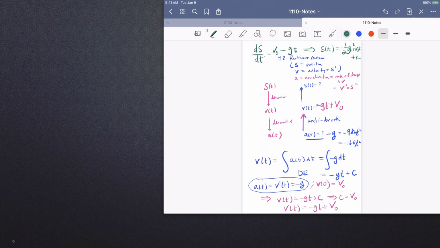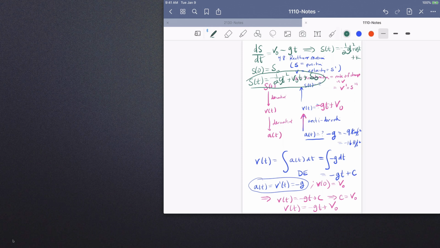And if we know the position at time 0 is given by the initial position, then our position function can be found as minus 1/2 gt squared plus v naught t plus the initial position.